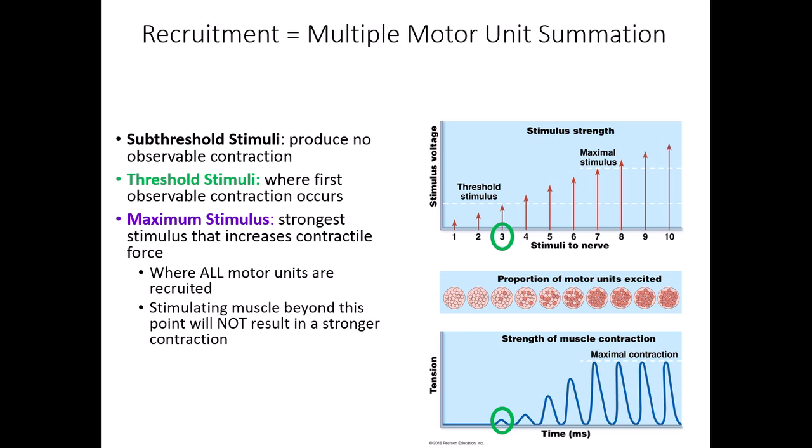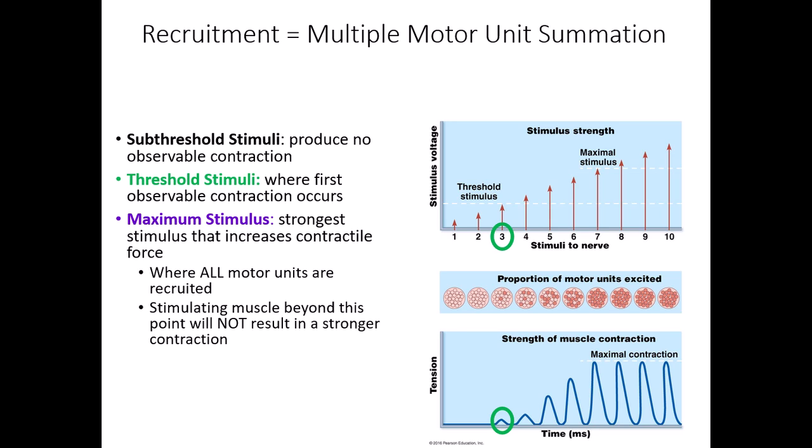If all the motor units are recruited, that's the greatest strength that we're going to achieve. So maximal stimulus is the strongest stimulus that increases contractile force. So even though we had stronger stimuli, numbers 8, 9, and 10, it didn't result in a stronger contraction because all the motor units were already active. Okay, so stimulating beyond that point does not give us a stronger contraction.